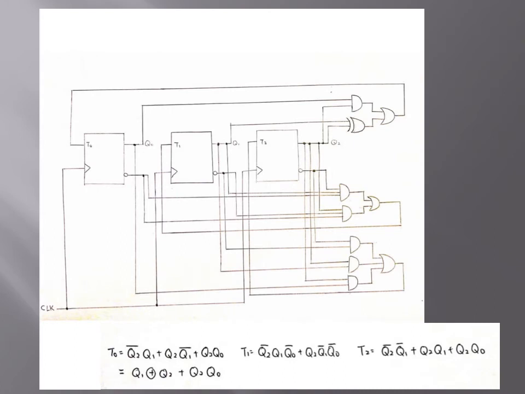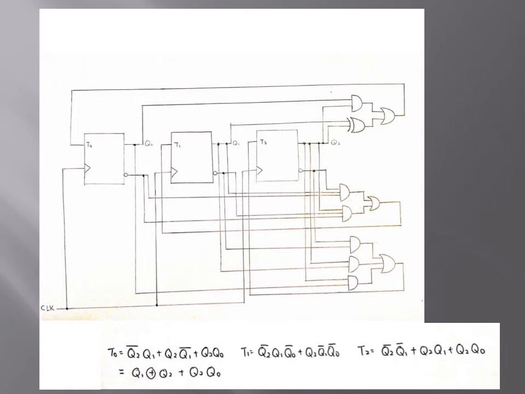Okay, now we can develop a sequential circuit with the equations we got before. For the first slide, we said we have 3 flip-flops. So we have 3 T flip-flops like this, the square ones. We have 3 squares, which refer to the flip-flops.